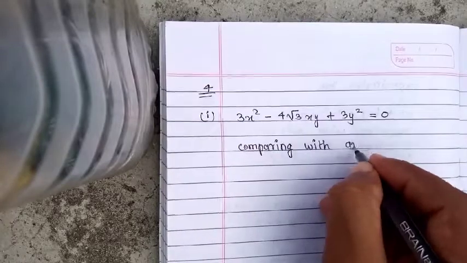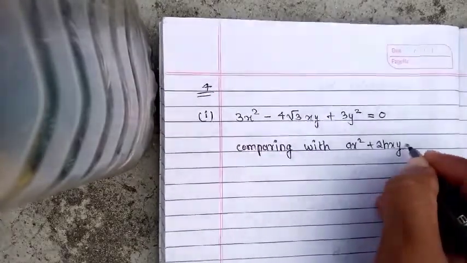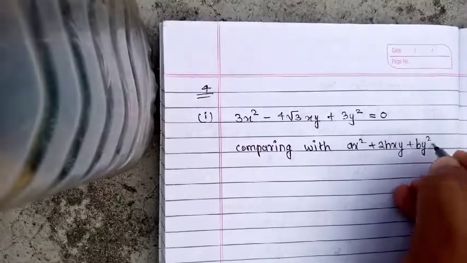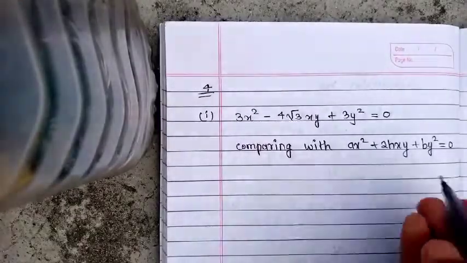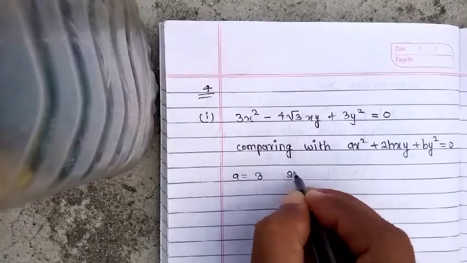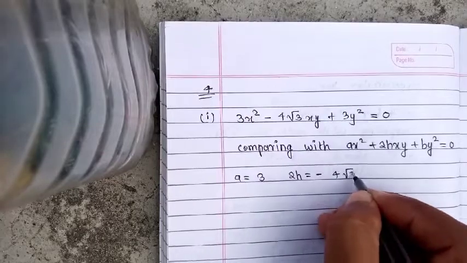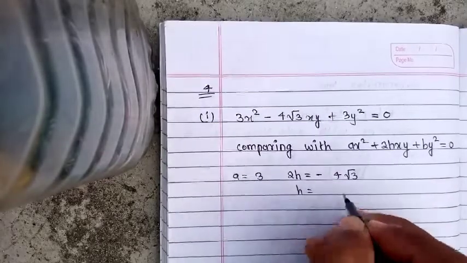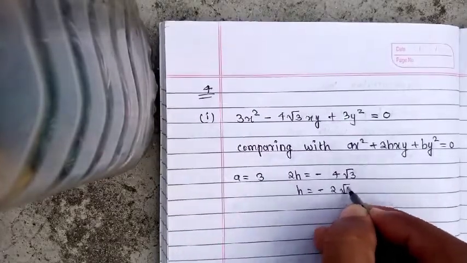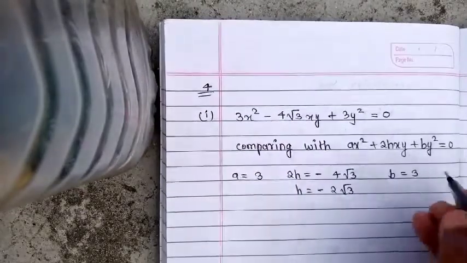Comparing with ax square plus 2hxy plus by square equal to 0, a is equal to 3, 2h is equal to minus 4 root 3, so h is equal to minus 2 root 3, and b is equal to 3.